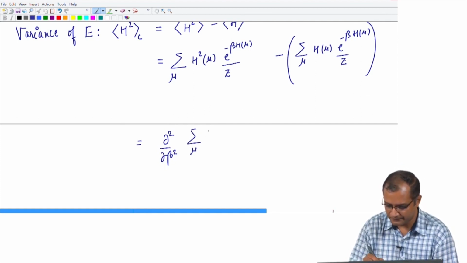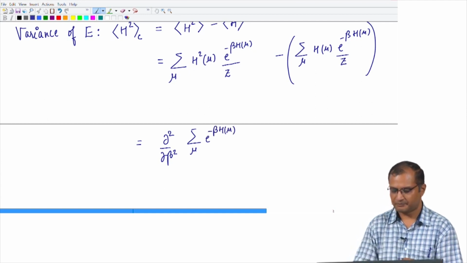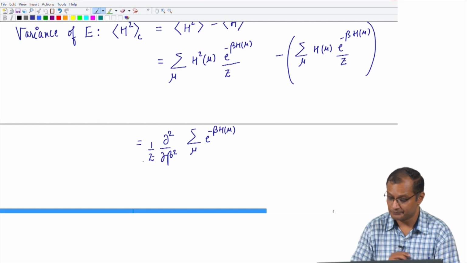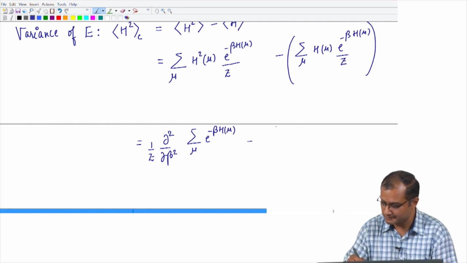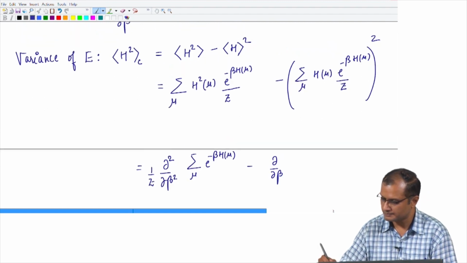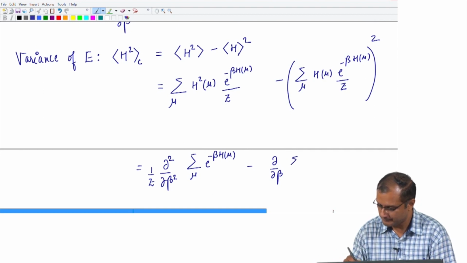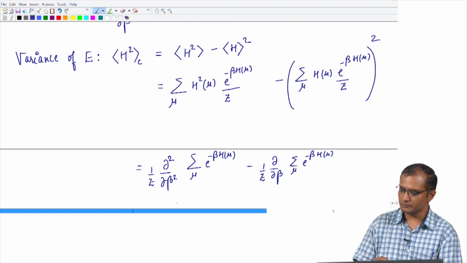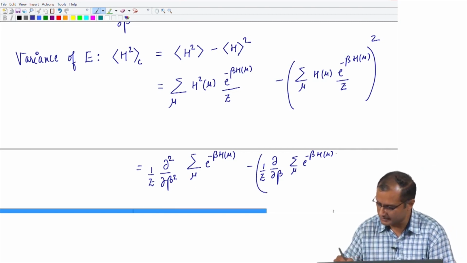So this would be just divided by Z, and here I will take just one derivative, which is enough to pull out a single H, and the entire thing squared.